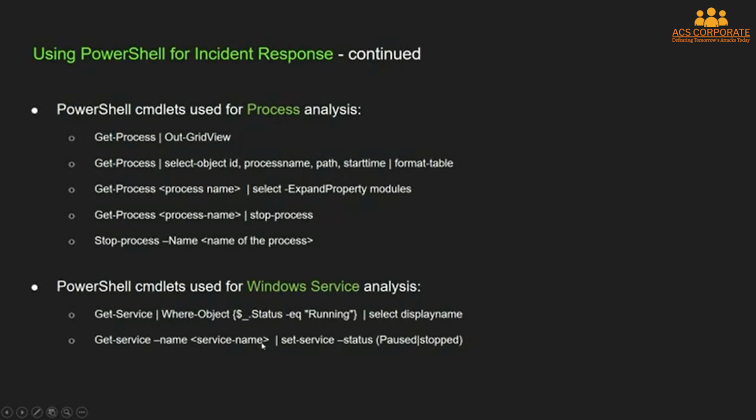If you'd like to set a specific status for a service, like pausing or stopping it, you can use this command where you list the service using the service name, and then Set-Service status to be either stopped or paused, based on whatever you'd like to do.